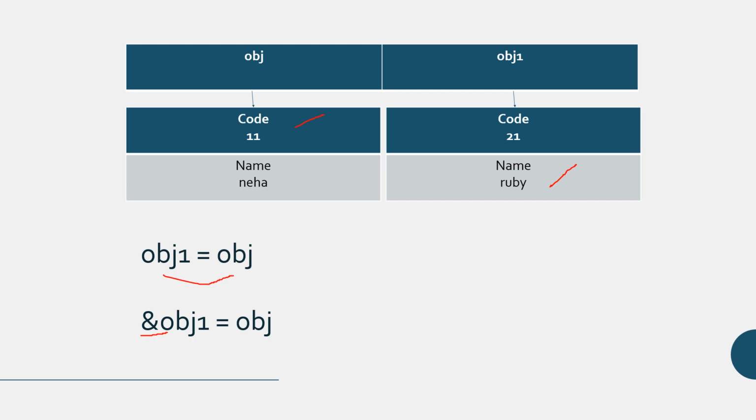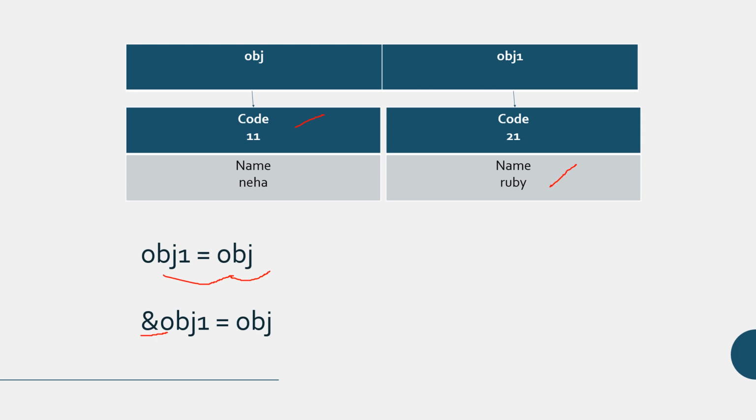So if it is changed to 10 and Rita, then obj will also contain 10 and Rita, because it has used the reference sign.